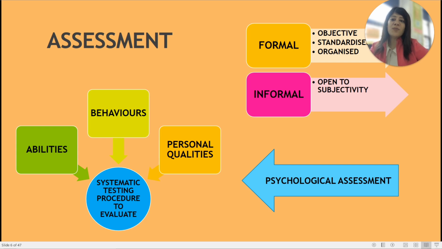Of course, any kind of formal assessment is something that is structured, very objective, and standardized. On the contrary, something that is very informal is open to subjectivity and may be different for different individuals. Whenever we do any kind of assessment in psychology to assess various attributes, we measure all kinds of abilities, behaviors and personal qualities.